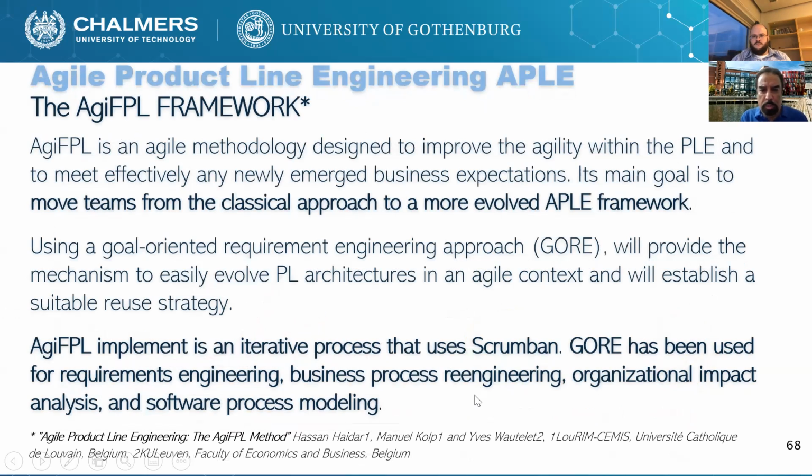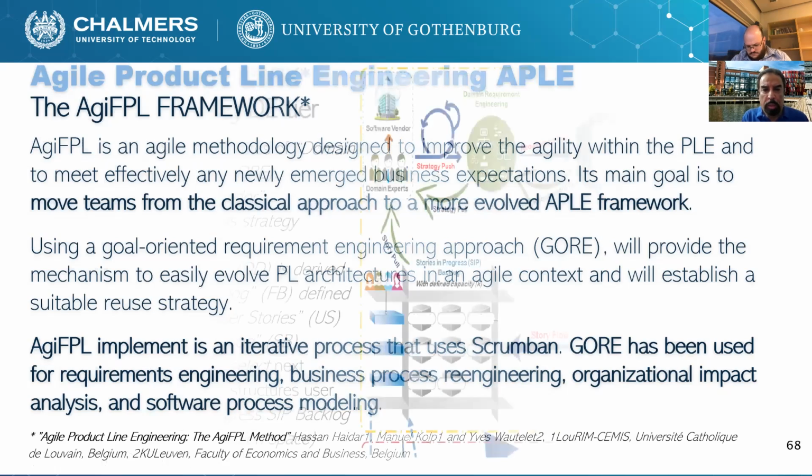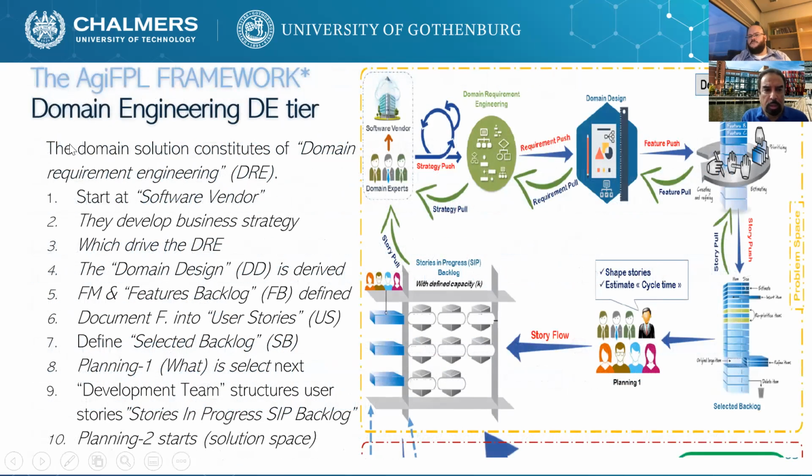These two principles, using GORE and implementing Scrumban of Agile software development, are used in this framework as a proposal. And I elaborated more on this process of how you take a product line engineering and convert it to Agile to be within the scope of Scrumban practice.